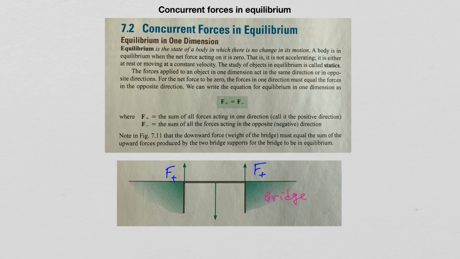And then the weight of the bridge points down. So let's say that's the negative direction, so F minus. And then the condition for equilibrium in one dimension simply states that F minus is equal to F plus plus F plus.